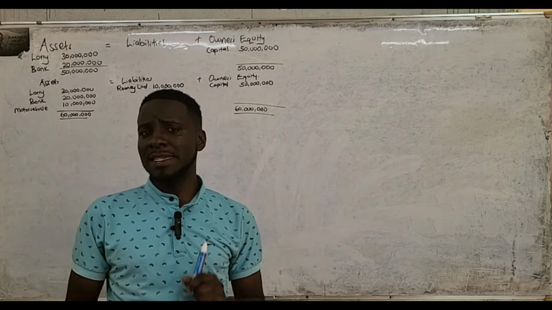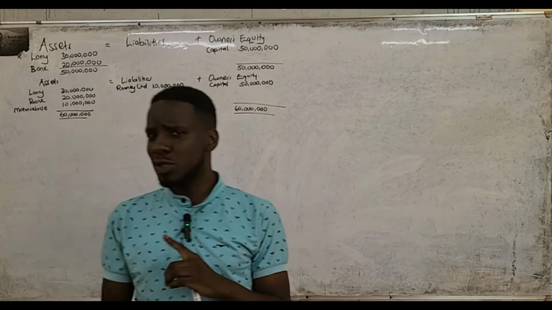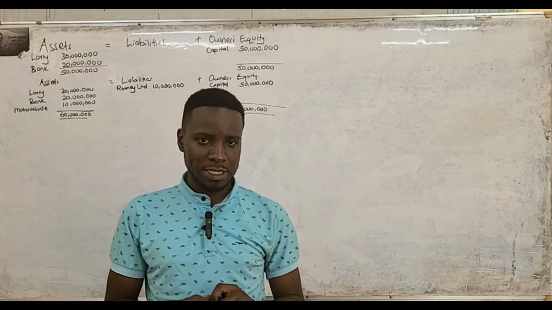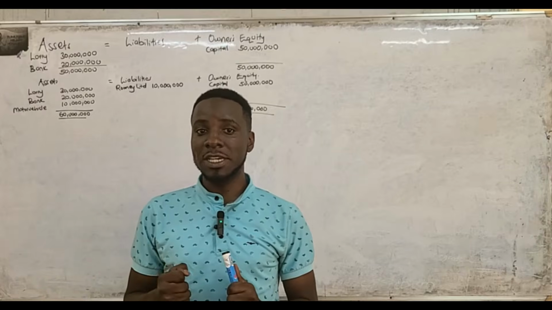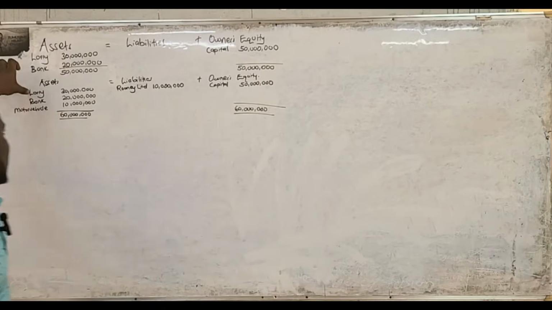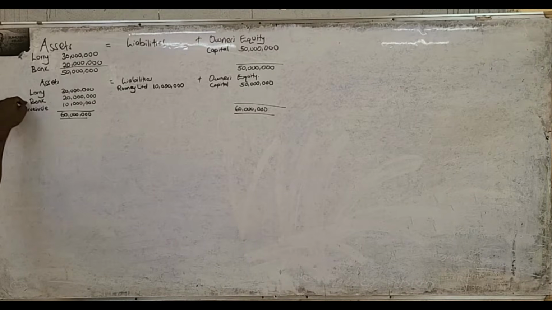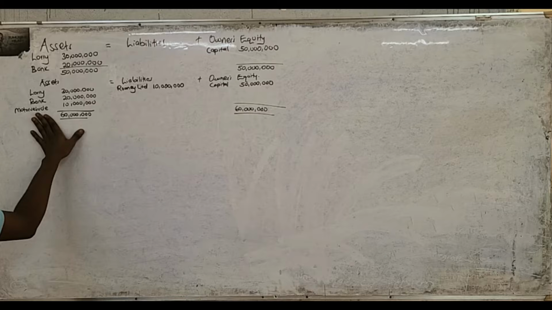Then remember that I said that they used a check. The moment you see used a check, it means that something in the bank was affected. So if we use the check to buy inventory, it means our money in the bank is going to decrease by 6 millions. Okay, then we shall have an increase in inventory by 6 millions.